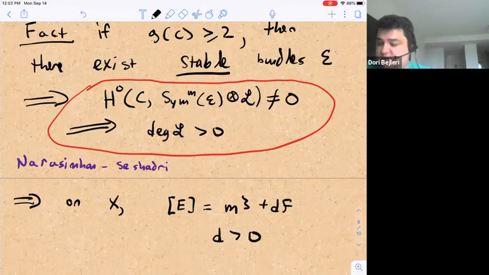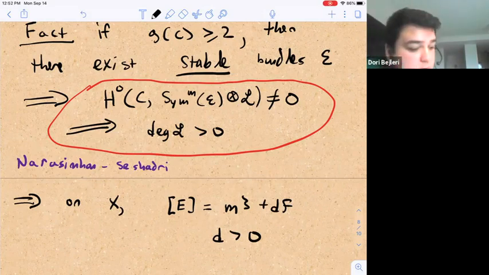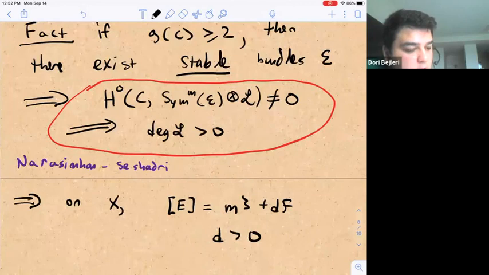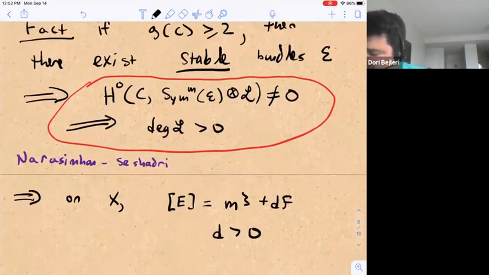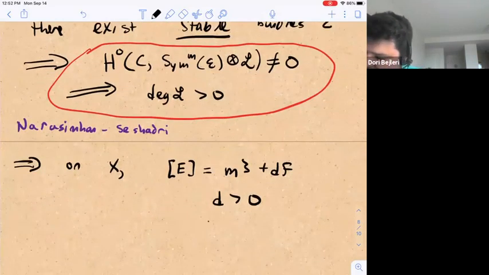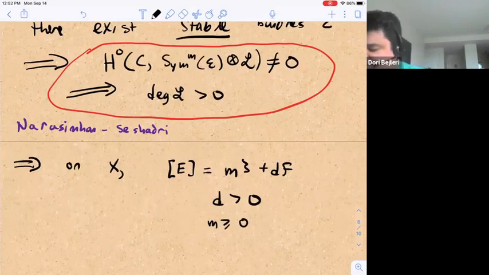That's what having a stable bundle buys us. But we also know, even more generally, that M has to be greater than or equal to 0, by intersecting with a fiber: an effective class will intersect a fiber non-negatively, and that's what M is.